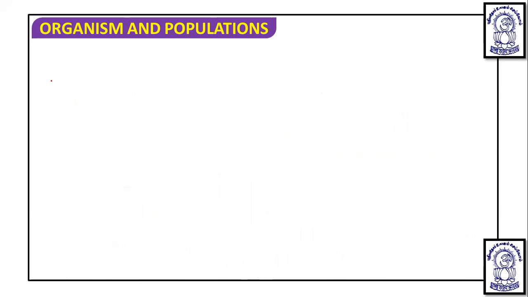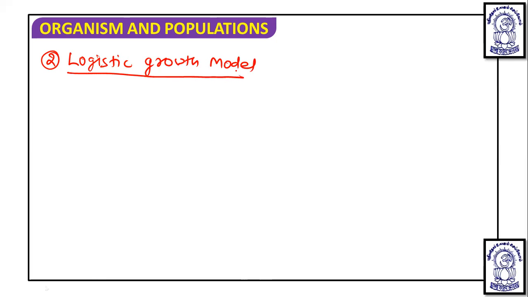Now after this, the second type of growth is the logistic growth model. In the logistic growth model, it describes a situation in which the resources present in the environment are limiting. So it occurs when resources are limiting.